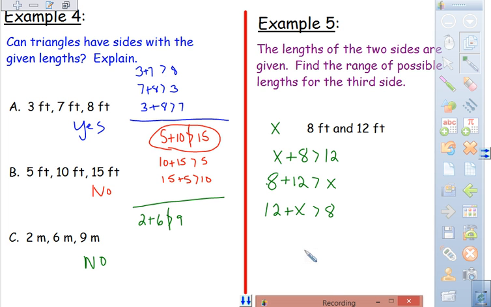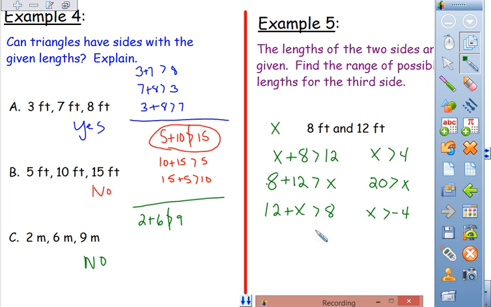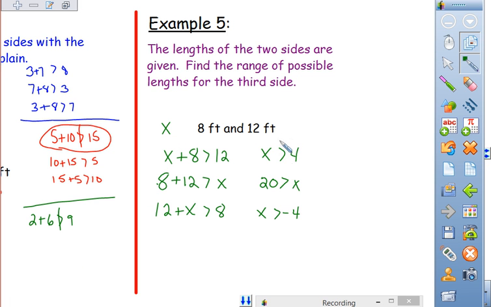And 12 plus x has to be greater than 8. We need to simplify these. If I subtract 8, I get x is greater than 4. If I simplify, I get 20 is greater than x. If I subtract 12, I get x is greater than negative 4.